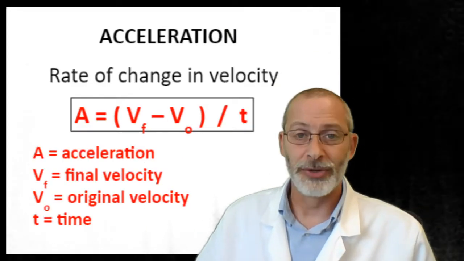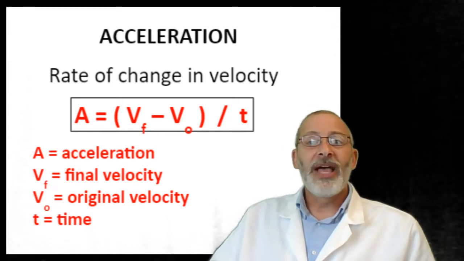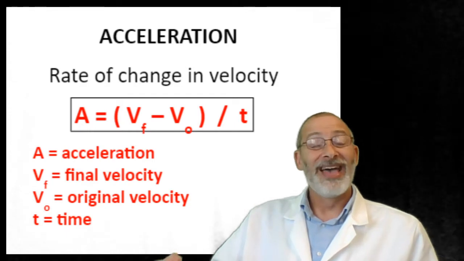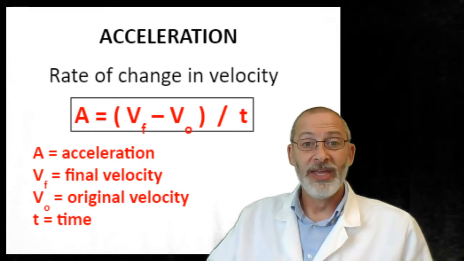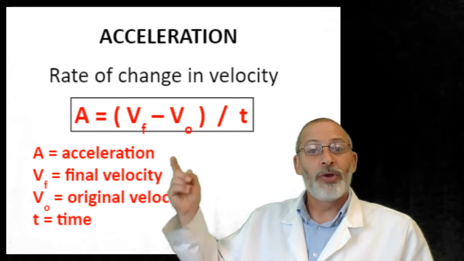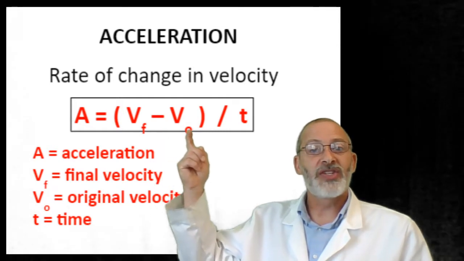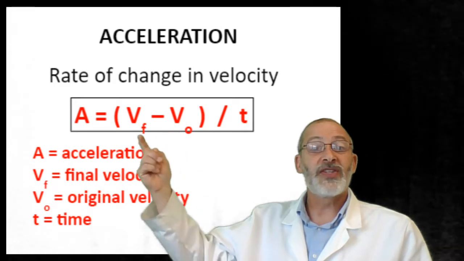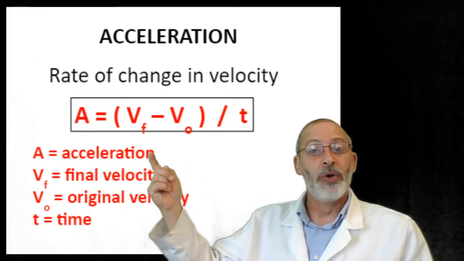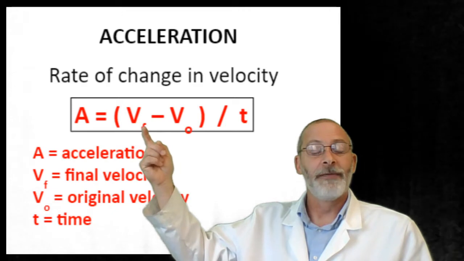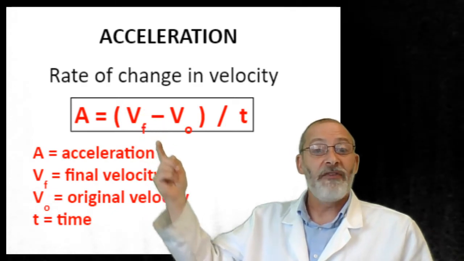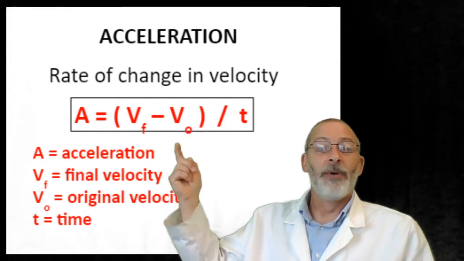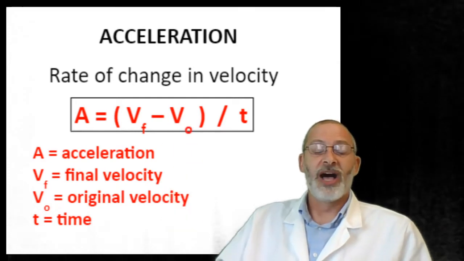We use letters. Capital letter A is for acceleration, and that is equal to capital V, and we call those little letters there a sub. Just like a submarine is below the surface, a subscript is below the surface of the regular letter. So V sub F is the final velocity, minus V sub O is the original velocity.